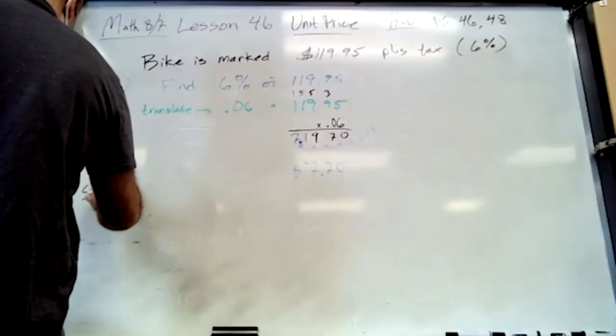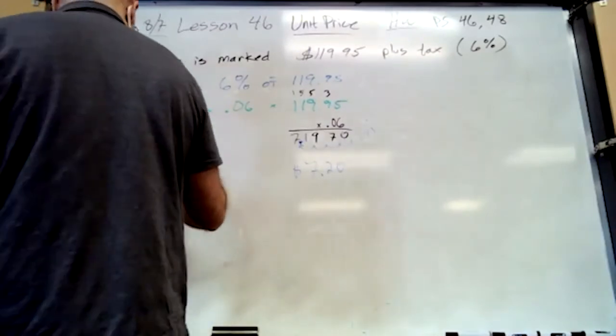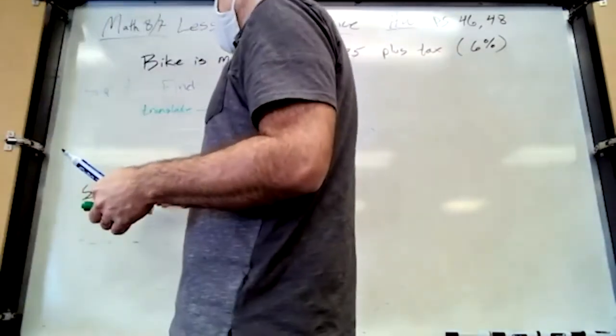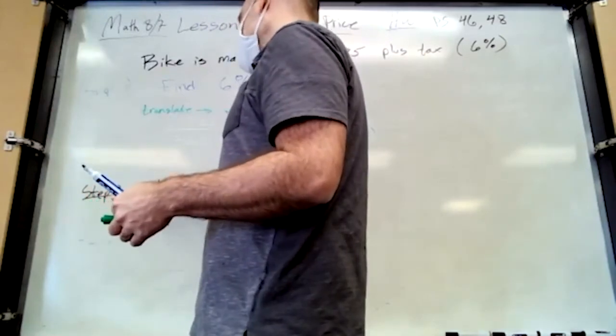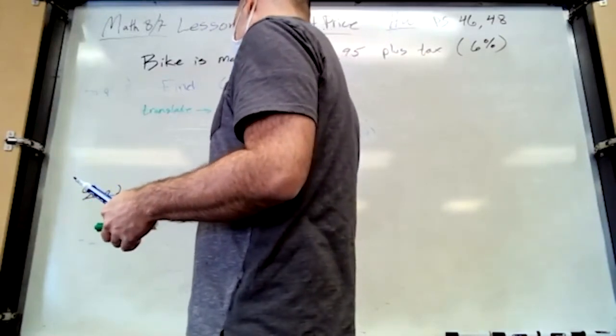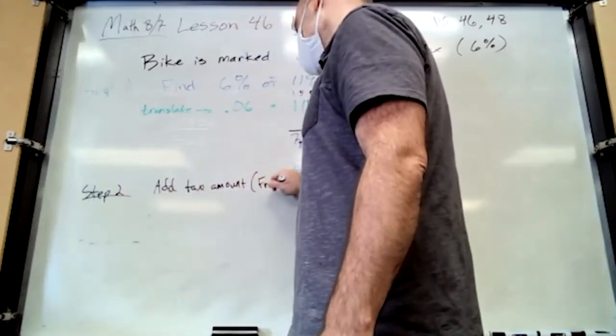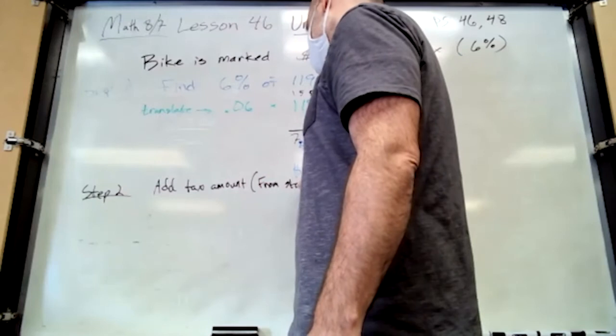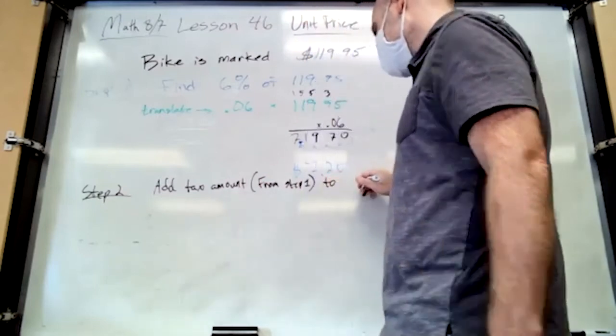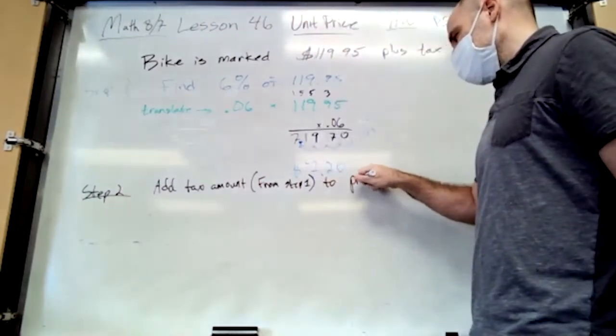What's step 2? Step 2 is adding the tax amount from step 1 to the price tag.